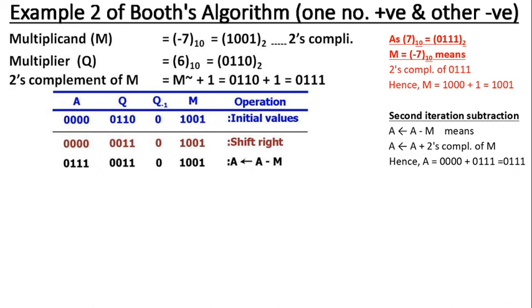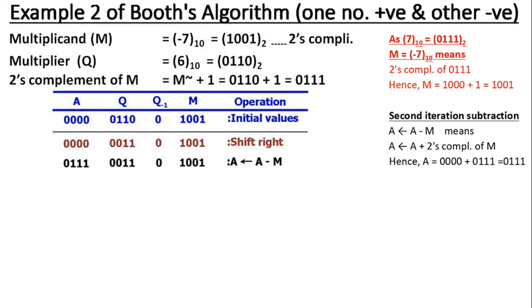So we have performed that second iteration subtraction. But after that second iteration subtraction, we have to carry out the arithmetic shift right operation on the contents of register A, register Q and Q minus 1 bit.